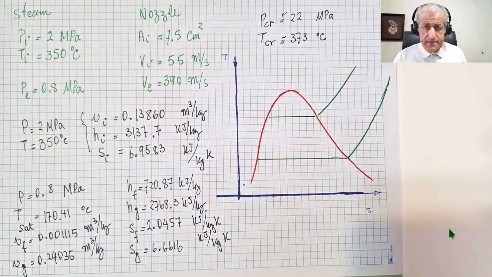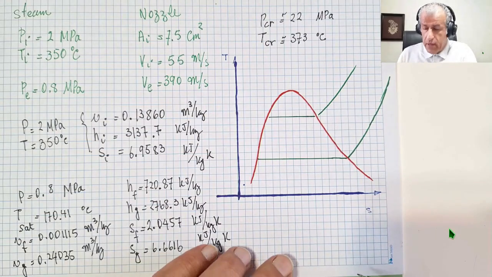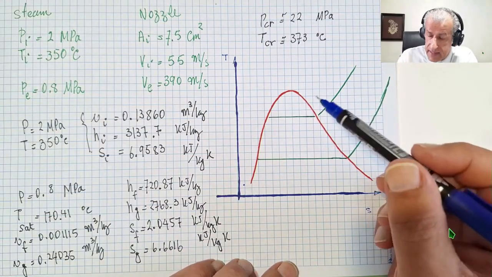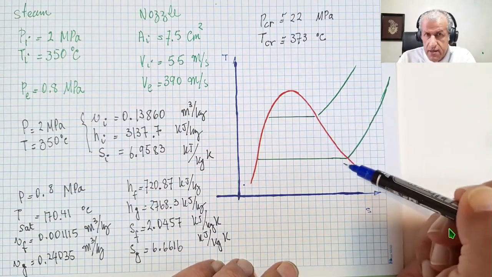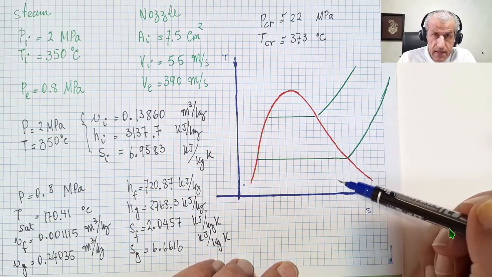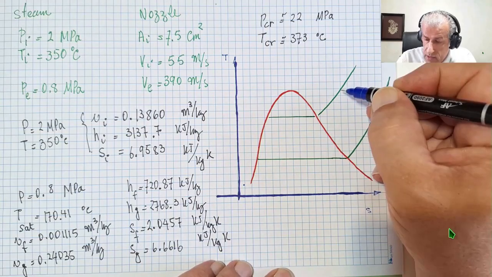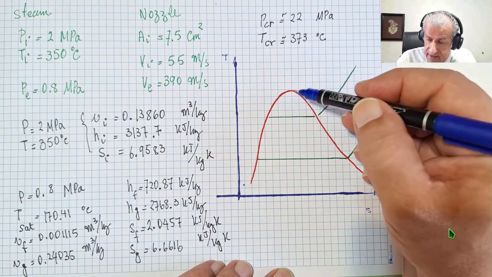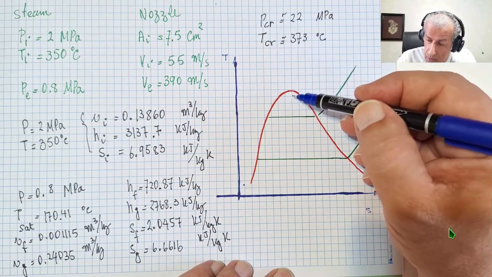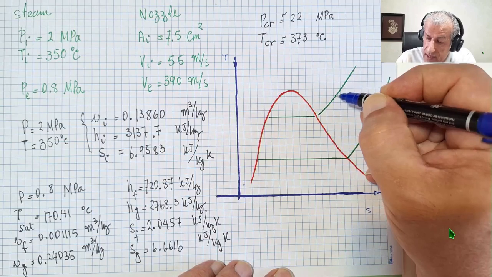Well, let's see what you have got on the TS diagram here. As you know, the saturation line is fairly symmetric on the TS diagram. Now, you see the critical point is 373 degrees C. Our point is 350.